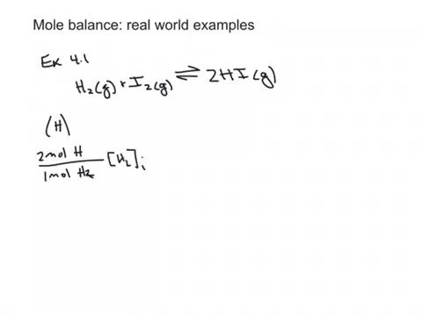There could also be some H present initially as HI, and the mole to mole ratio here is just 1:1.